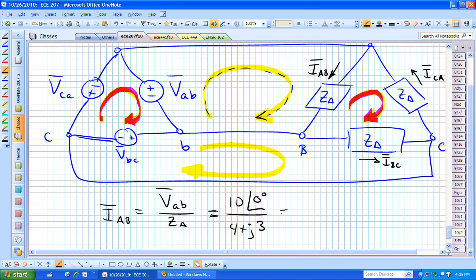How would you do this to clean it up? You could multiply by the conjugate of the denominator. I didn't get a lot of support for that solution, but did everybody hear that? It's true. You could multiply by 1, which is 4 minus j3 over 4 minus j3.